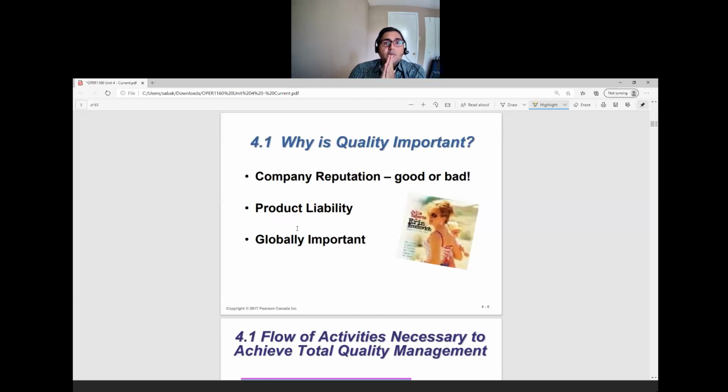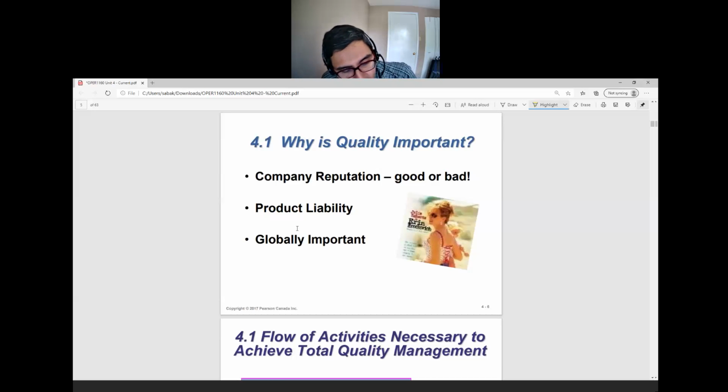Last week we discussed new product development. If a new product that you create does not have the expected quality, then the chances are high that the customers will not be purchasing from you. So it can affect the reputation of the company in a good way or in a bad way.